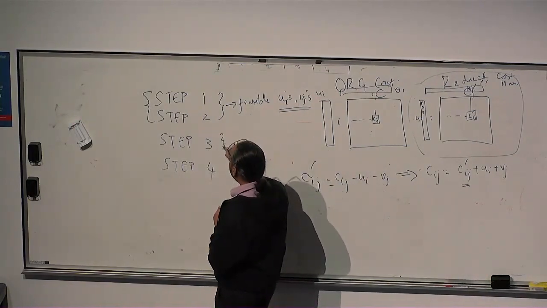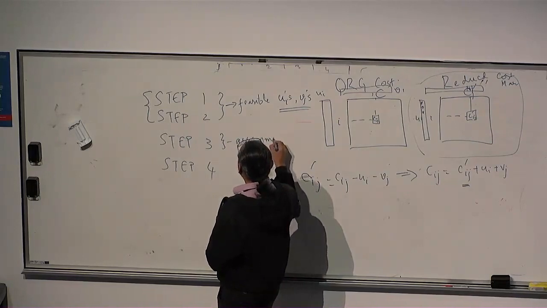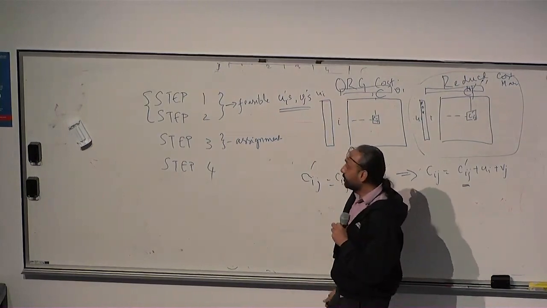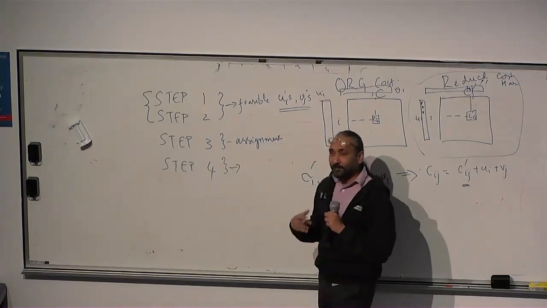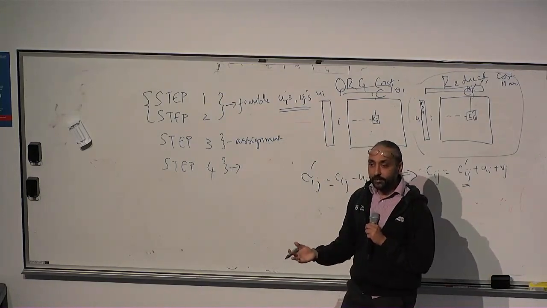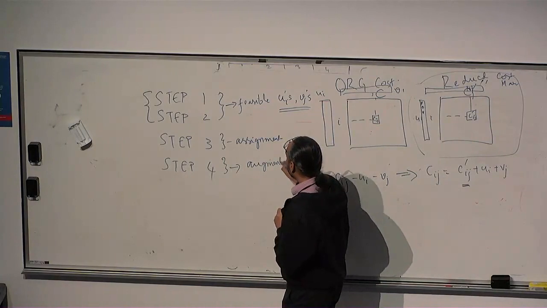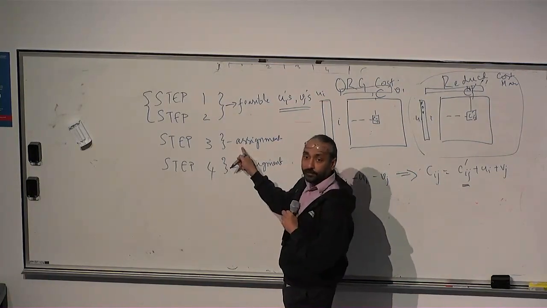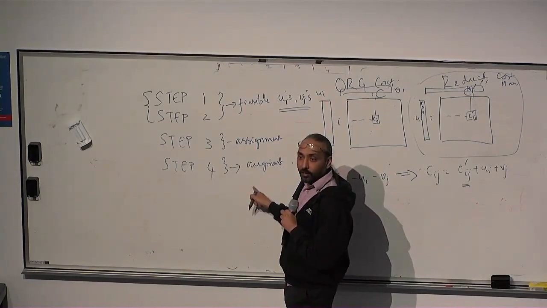Step 3 does an assignment, attempts to match. Step 4 says, well, if my matching is not perfect, augment. What does perfect mean? If the cardinality of the assignment is less than n, augment.